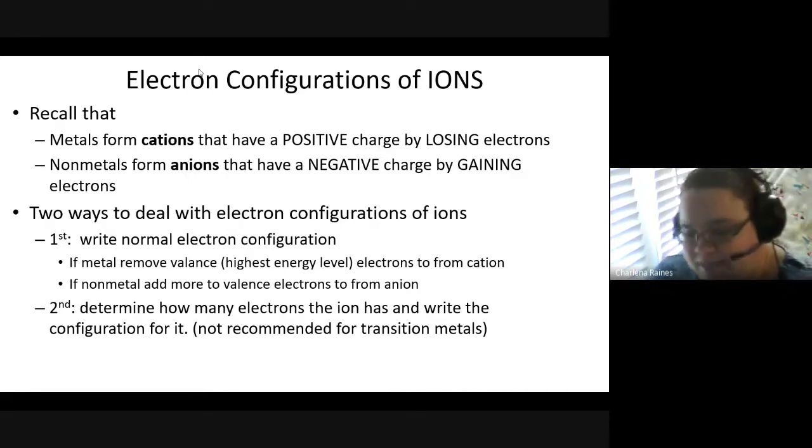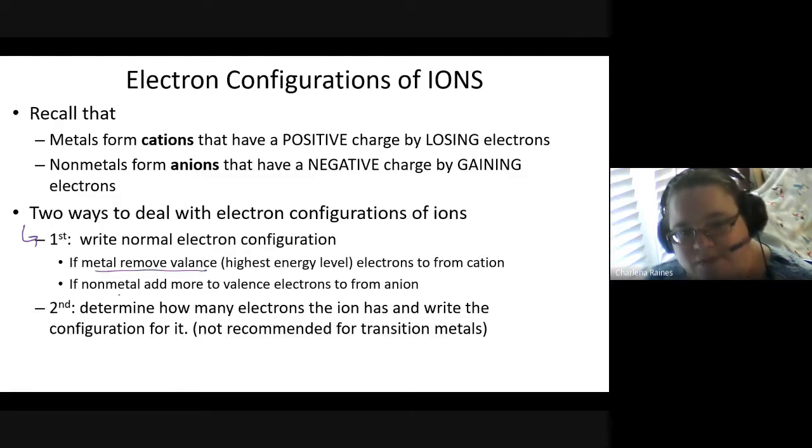So when you're writing the electron configuration for an ion, there are really 2 ways to deal with it. My preference would be to do this first method. Write your normal configuration and then remove valence electrons for metals or add valence electrons for nonmetals.